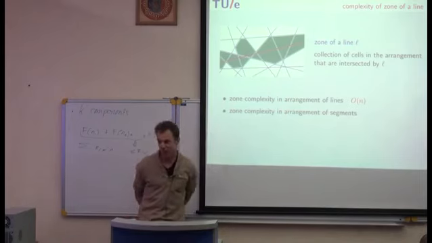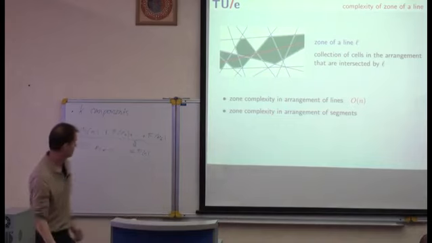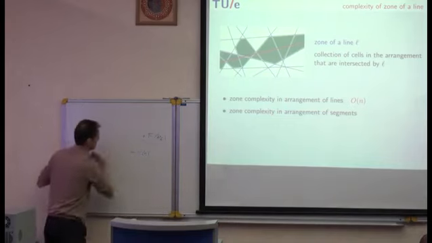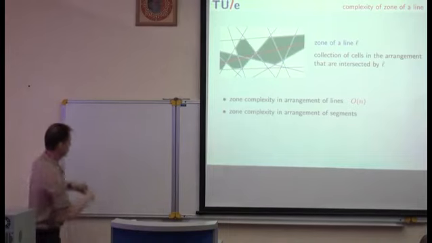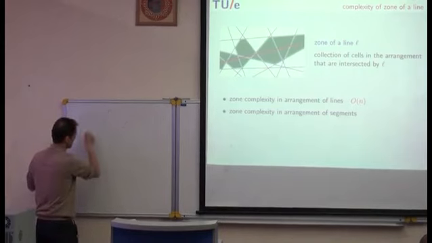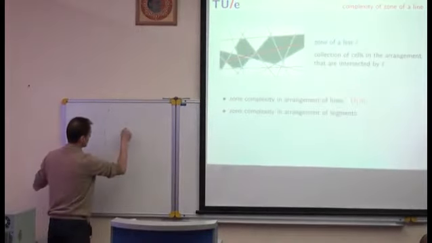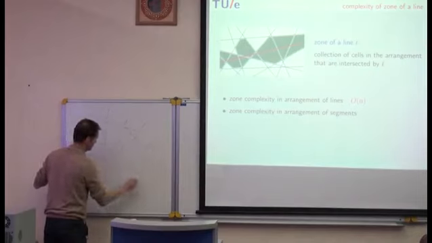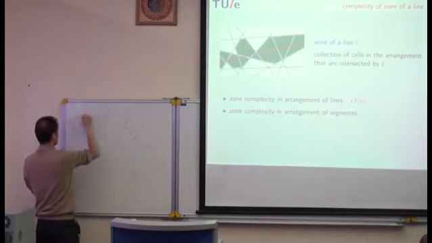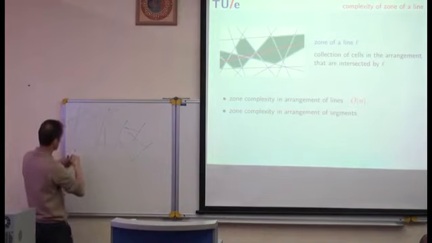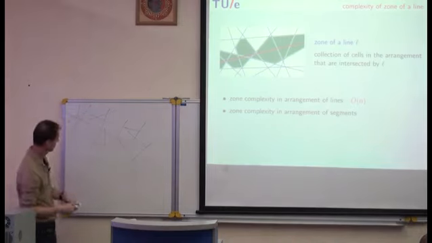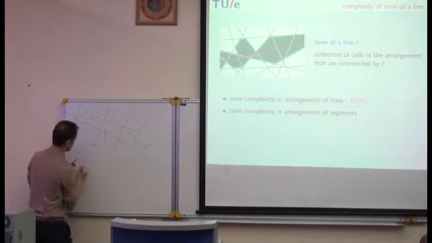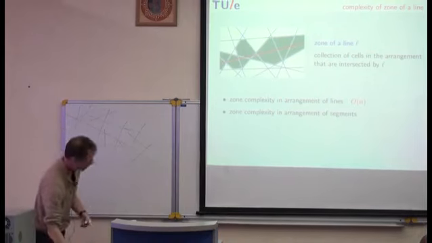So now suppose I give you segments. Okay, so let's look at the number of segments. And now I look at a line, and I look at the complexity of all the cells that intersect this line.